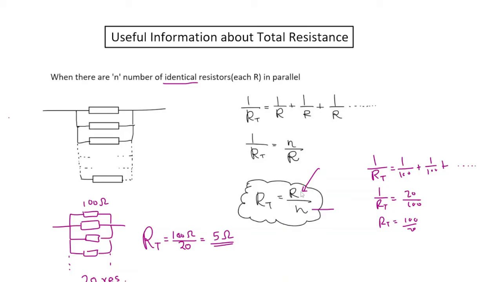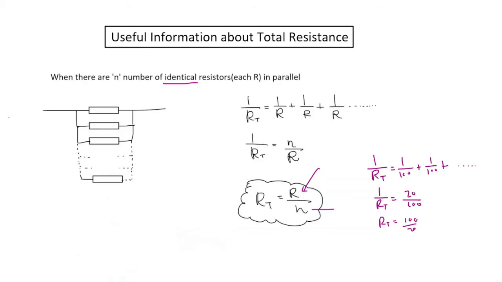Say you have a large number of 50 ohm resistors and you connect 100 of them in parallel with each other. What's the total resistance? The value of one resistor, 50 ohms, divided by the number of resistors, 100. So the total resistance now is 0.5 ohms.